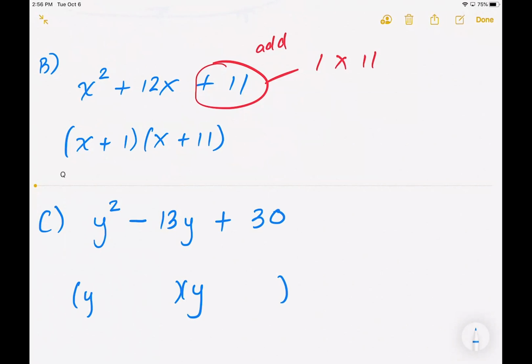Your goal is to fill in the two parentheses. In the first parenthesis we put in y, and in the second parenthesis we put in y. Now I need to know what number I can fit in here. So I have to think in terms of addition.